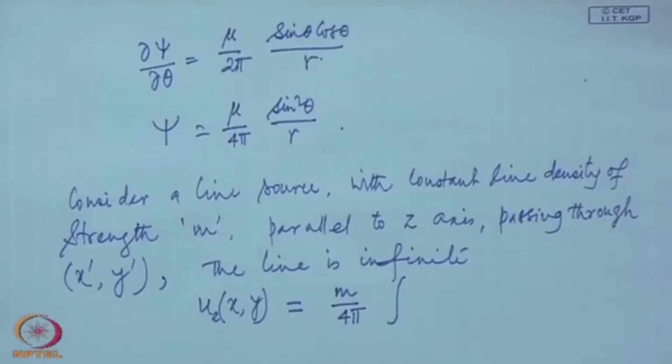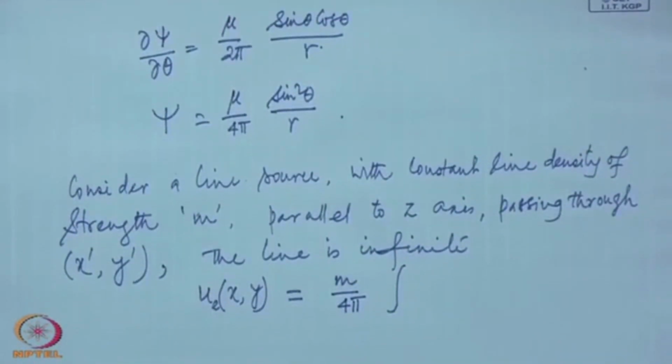Or in this way, m by 4 pi vector r divided by r cube.